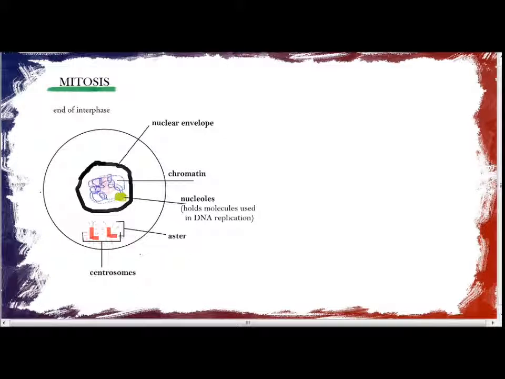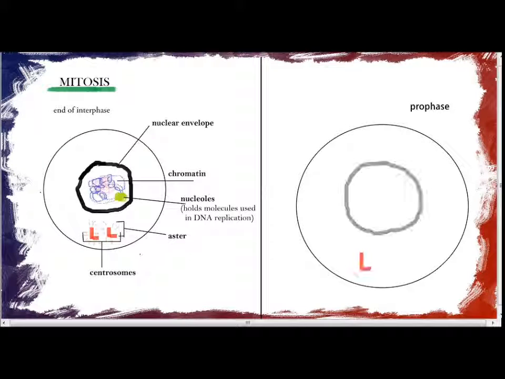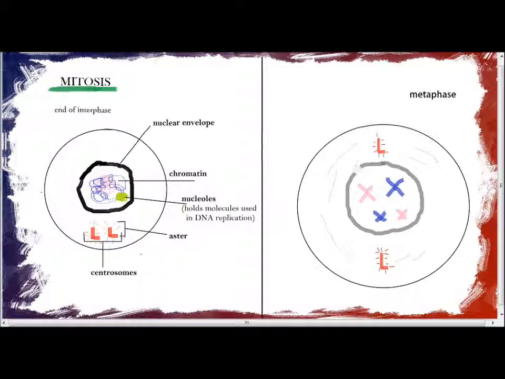So a few things happen in prophase. As you can see, the nucleolus disappears, and the nuclear envelope begins to fade and dissolve. Also, the chromosomes begin to shorten and thicken, while the centrosomes move to opposite poles of the cell.